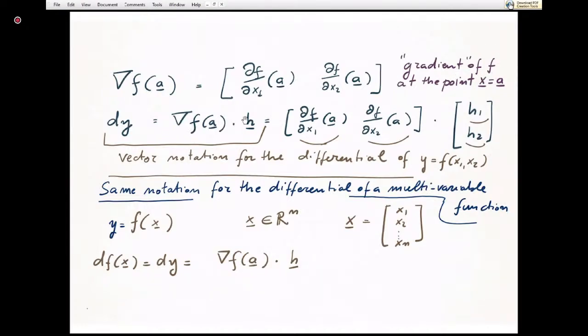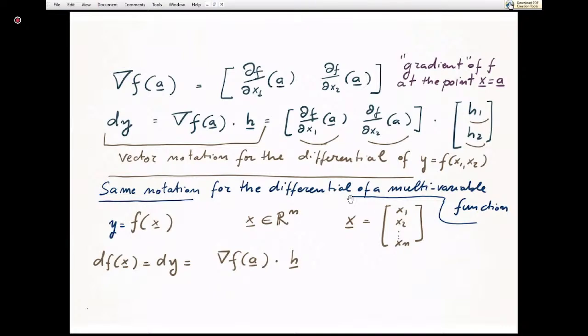Just keep in mind that with this notation, the example here is with 2 variables, but we could have 10 variables, and the product has the same notation, okay? Because we would have 10 entries in the row vector and 10 entries in the column vector, and we multiply each entry by the corresponding one, and then take the sum, which would be the differential of an n variable function.